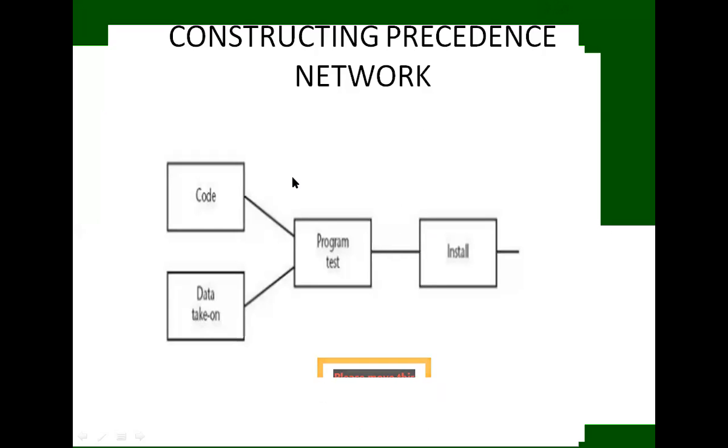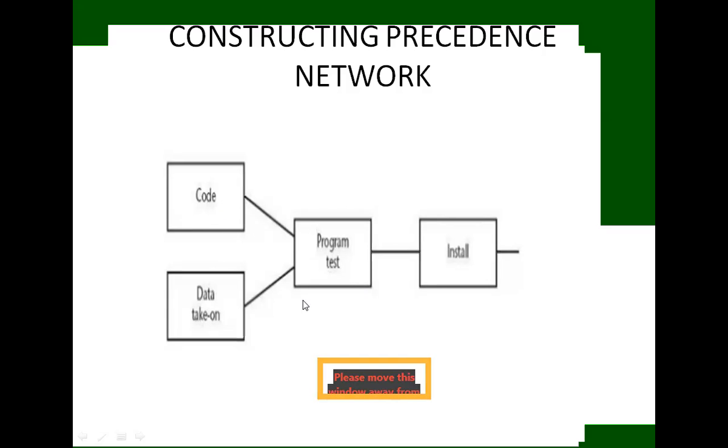Here, installation cannot start until program testing is completed. In this diagram, the precedence network diagram, the immediately preceding activities occur. The program test activity cannot start until both code and data take on are done.